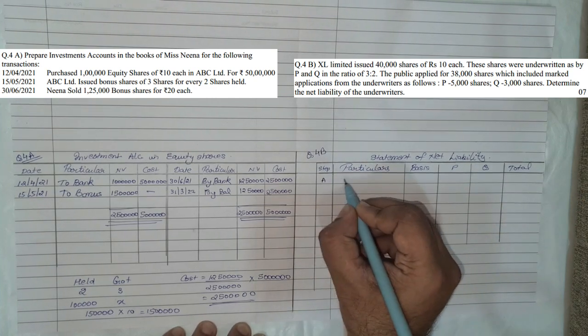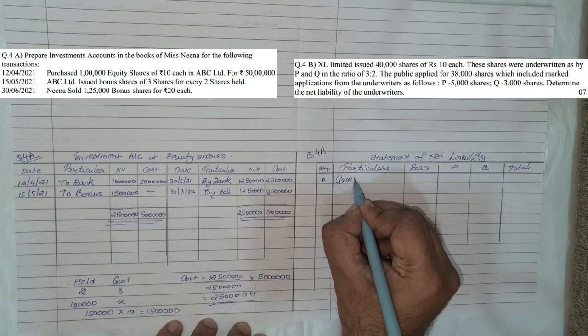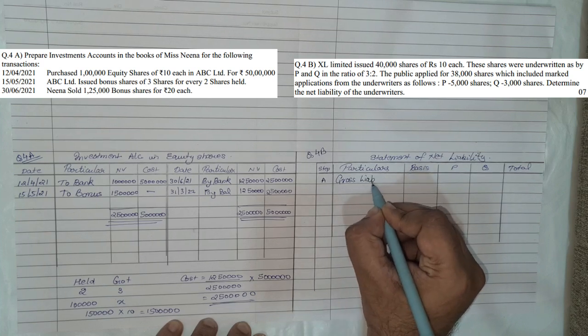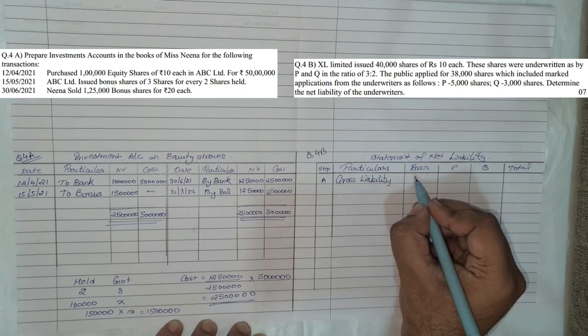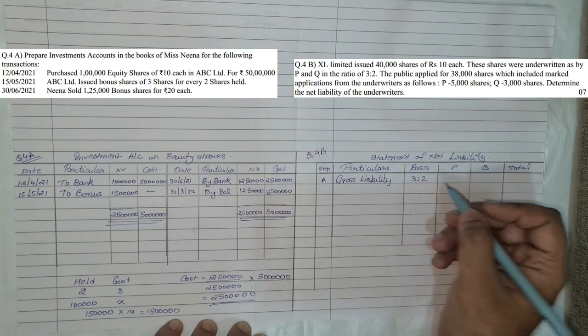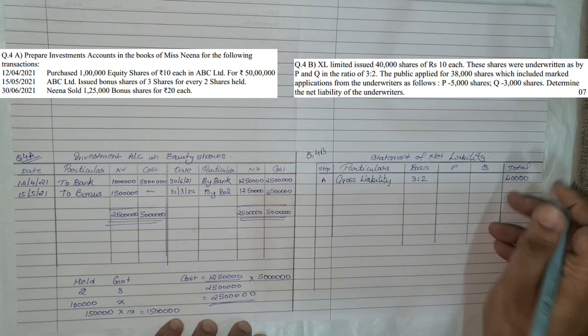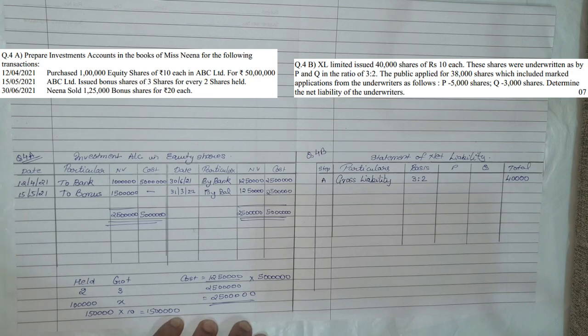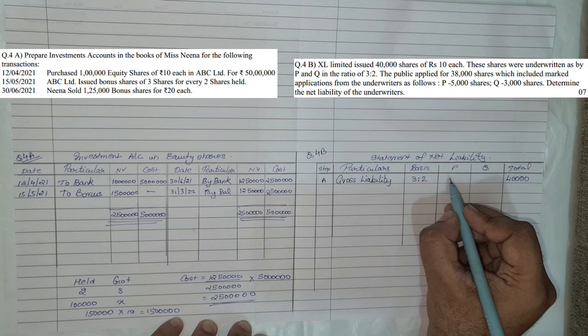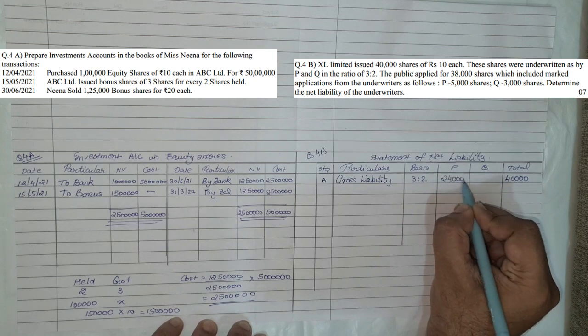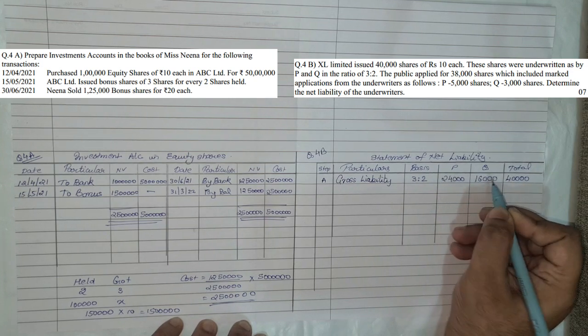Step number 1 will always be gross liability. Under gross liability, the ratio was 3:2 and the total number of shares issued was 40,000. So 40,000 into 3 divided by 5, the first value comes to 24,000, so the other one will be 16,000.